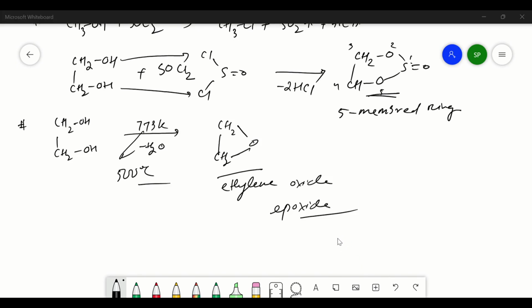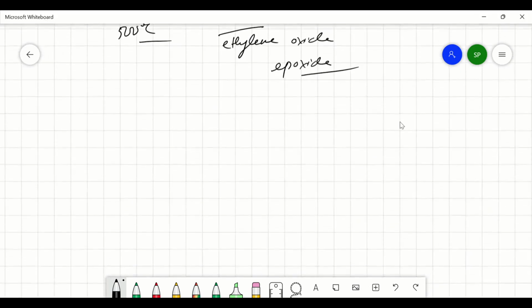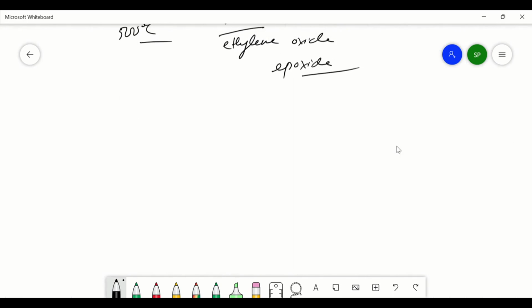Next we will see what happens if these diols are reacted with aldehydes or ketones. So in short, we can say reaction with carbonyl compounds.